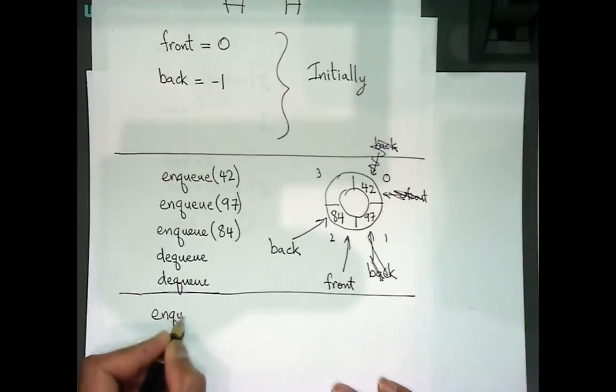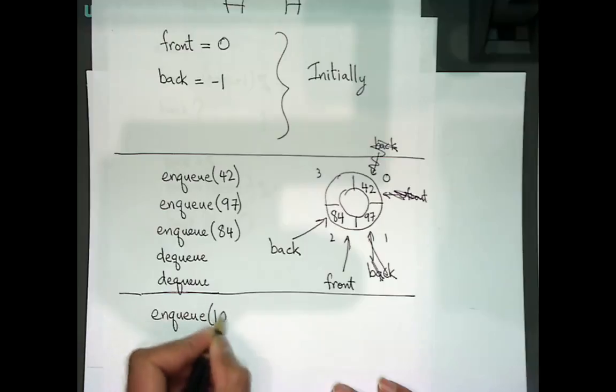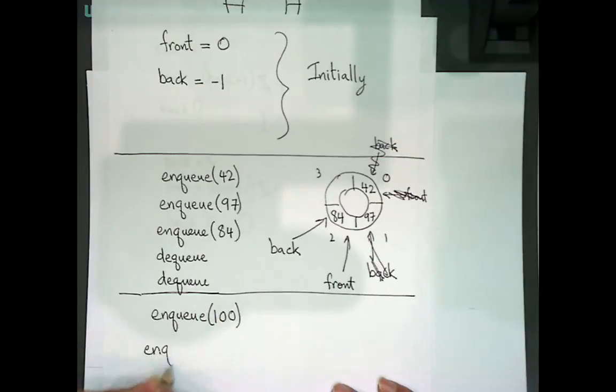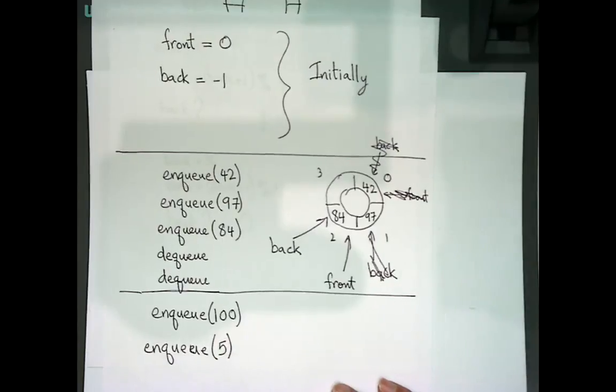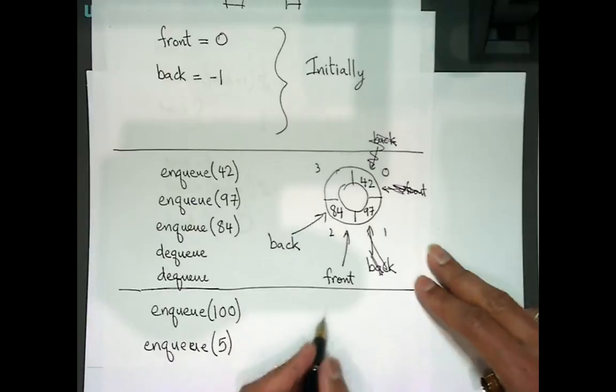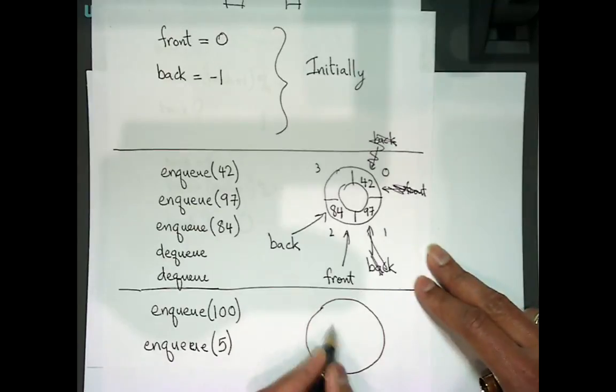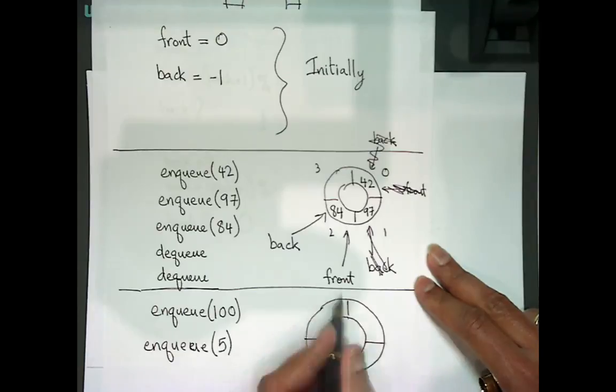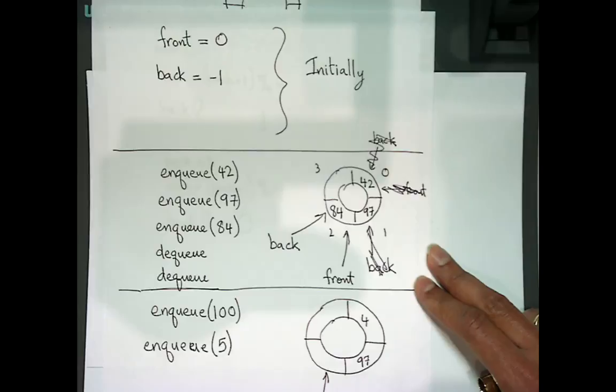So now let's NQ 100 and NQ 5. So, well, 97 is still here. So you have front, 84.